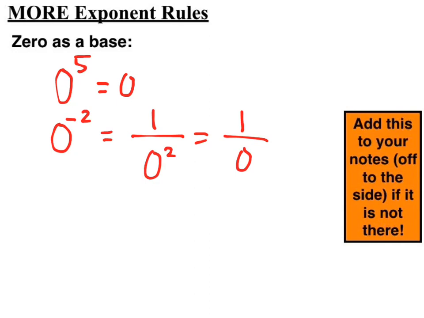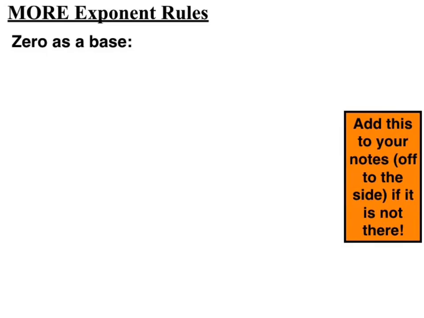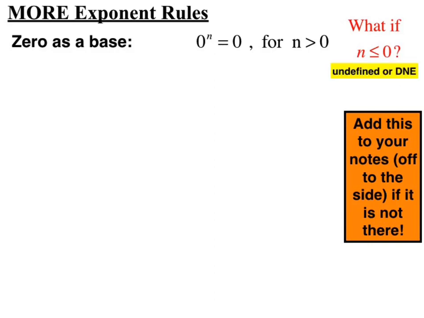So we have this rule that works like this, and you should add this to your notes: 0 to the n power is equal to 0 for n greater than 0. So if n is greater than 0, then 0 to the n power is 0. But what if n is less than or equal to 0? If the exponent is 0, or negative 1, or negative 2, or negative 3.5, then it is undefined.